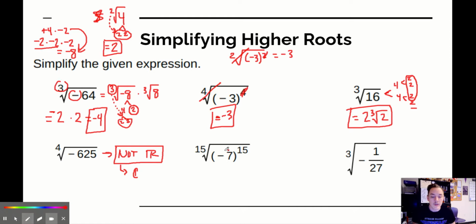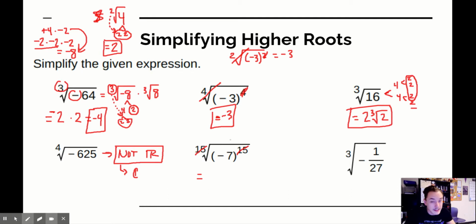Now this one, pay very close attention. We're going to be doing the exact same thing here. You see 15 on index. You see 15 here. Now you may be thinking that, yeah, it's going to be negative, and you're right. I'm going to actually plug it into the calculator to show you. I'm going to plug it into the TI-36X Pro.